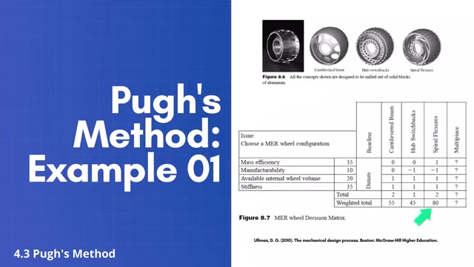So for this example, the highest weighted total is the spiral flexure. So usually we will take concept spiral flexure to the next step in the design process.